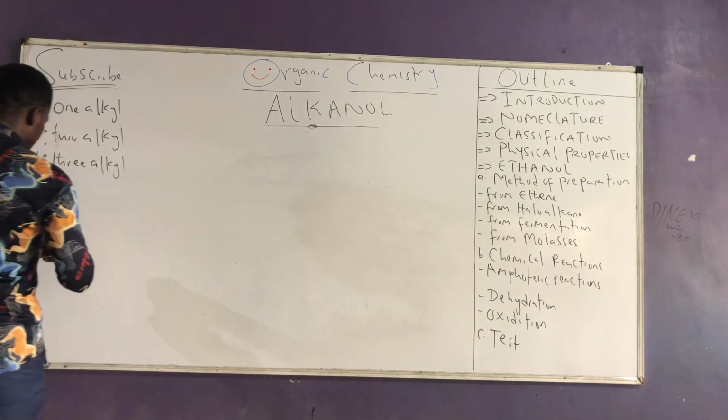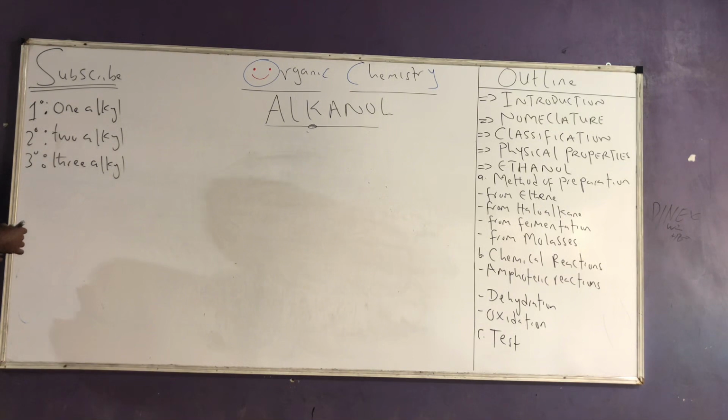Let's assume this is the carbon atom with the OH functional group. Let me use red. So this is the carbon atom with the OH functional group. So let's give this guy an OH functional group. This is OH, our hydroxy functional group.